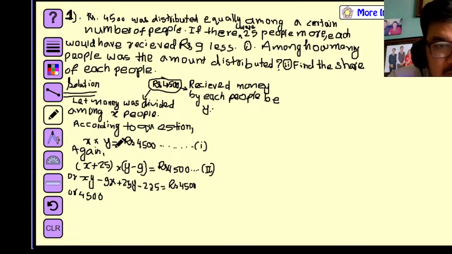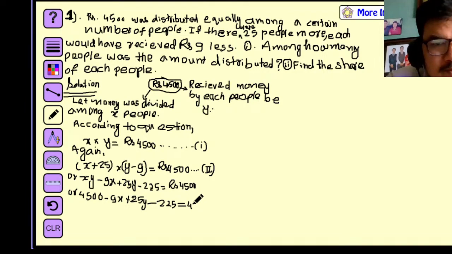Then minus 9x plus 25y minus 225 equals 4,500.